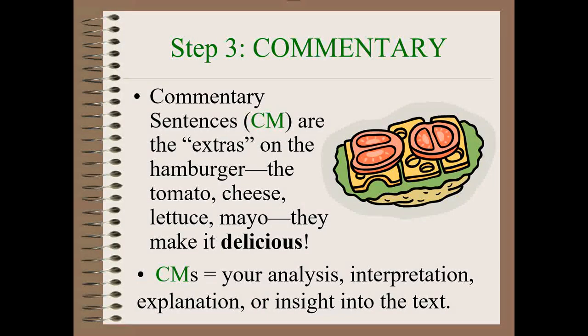Okay. There's another big point about commentary sentences. For every concrete detail, you have to have two commentary sentences. Or, in other words, there's a ratio of two commentary sentences to every one concrete detail.